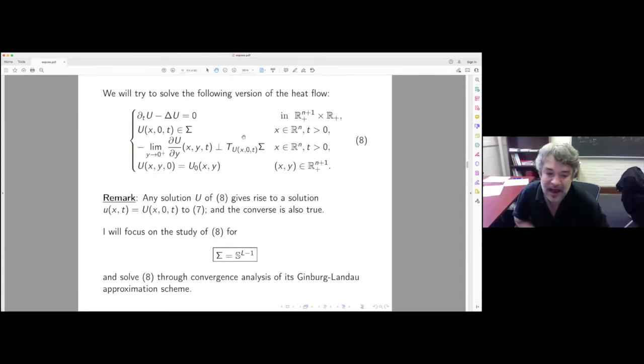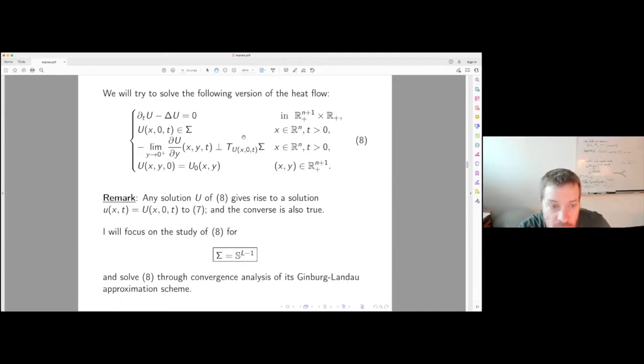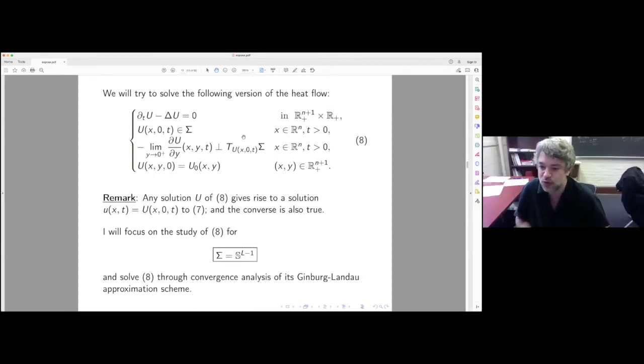I'm not claiming that this is a triviality to do on any manifold with boundary, but in principle, yeah. If you want to really do the details, it's going to be really technically long. But yeah, it's not that important.